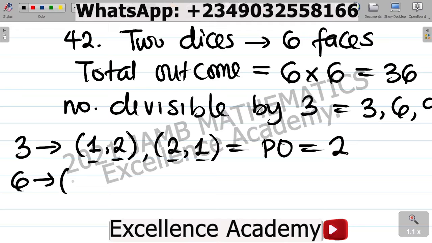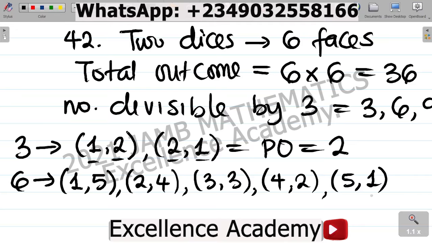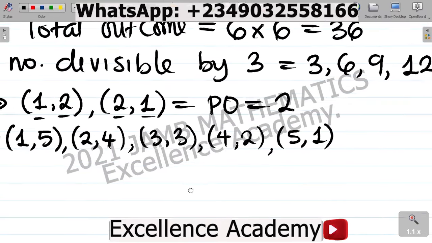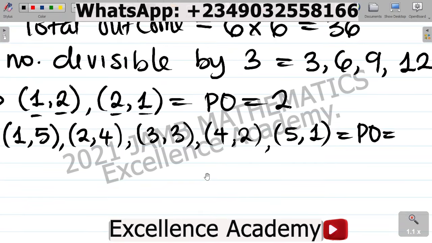Either the first die gives you 1 and the second gives you 5, or 2 and 4, or 3 and 3, or 4 and 2, or 5 and 1. For 6, I have 1, 2, 3, 4, 5. I have 5 possible outcomes for 6.